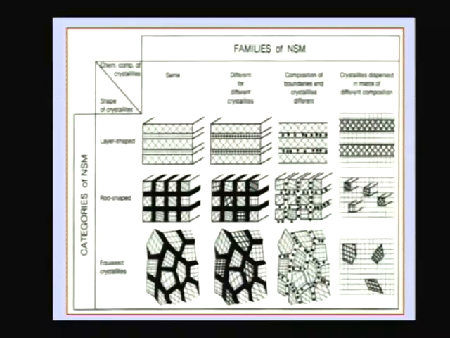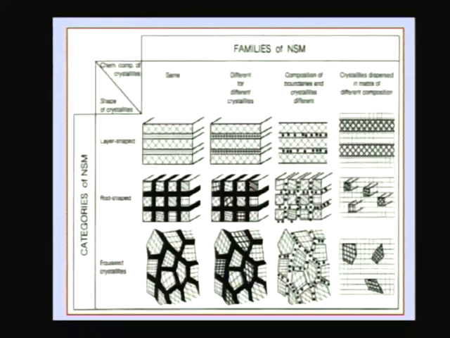You can have multi-layers of nanocrystals, and one can also have 3-dimensional equiaxed nanograins. So these are the 4 basic classifications of nanomaterials.